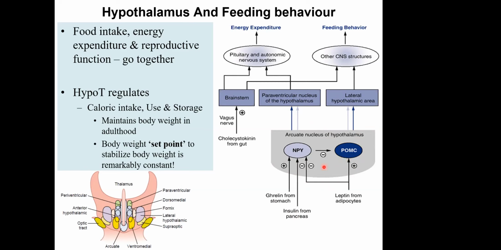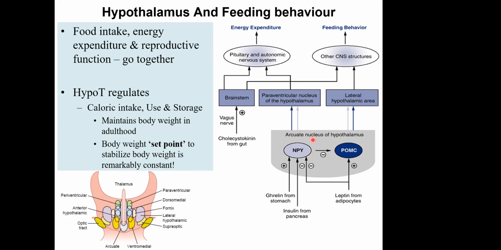POMC stands for proopiomelanocortin peptide, and another area which releases NPY, which is neuropeptide Y. When you read the supplementary material that I will be posting on WhatsApp, you will get some additional information about these two peptides. So these are the two key components of arcuate nucleus which are involved in feeding behavior.